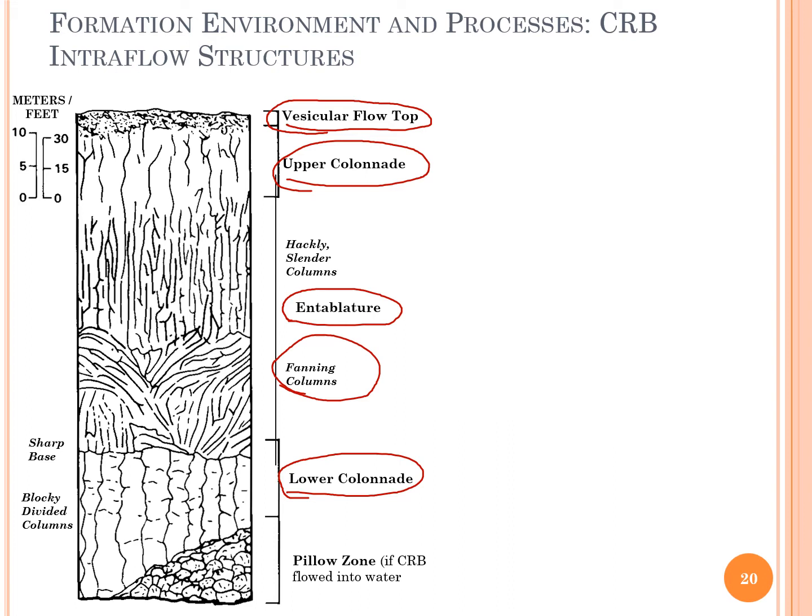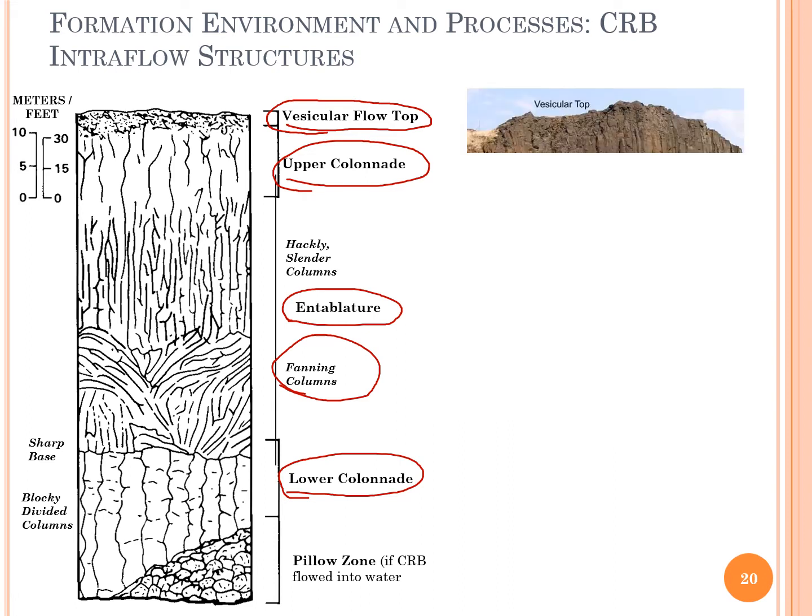And for the Columbia River basalts, the thickness can be 100 or a few 100 feet of section, in meters, and obviously more if it was measured in feet. These are not giantly thick sections, but they are substantial. But almost all of them, when they're preserved, will have these components from the lower zones of the colonnade into the vesicle flow top.